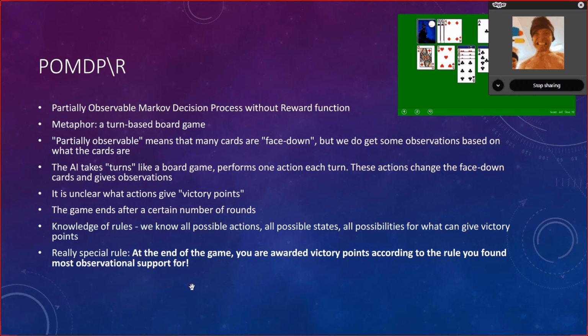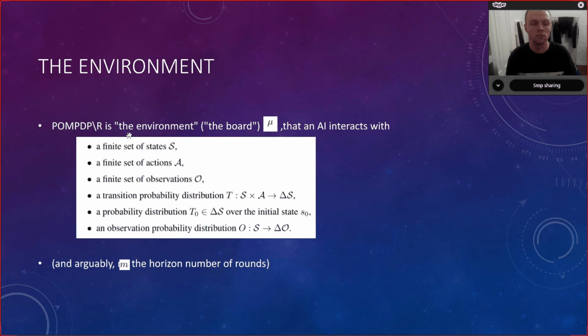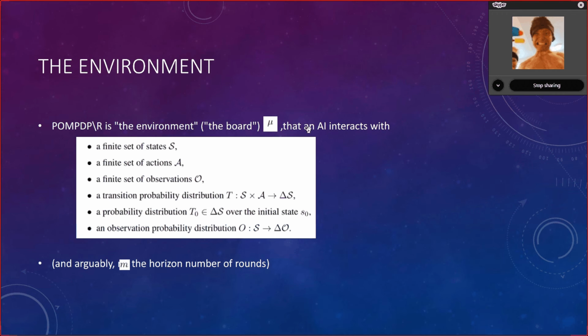Okay, so now that we have this, let's try to dive into some of the mathematical notation, somewhat gently. Well, a little gently. So the environment, this partially observable Markov decision process without reward function, it's called the environment, or the board in a board game. It's referred to with a mu here, that an AI interacts with.